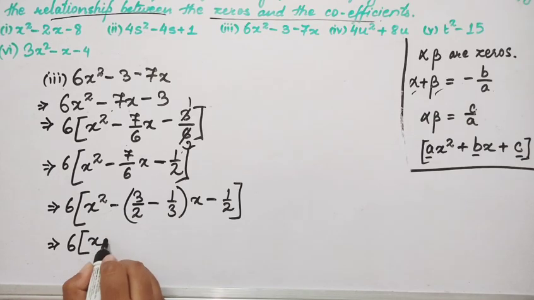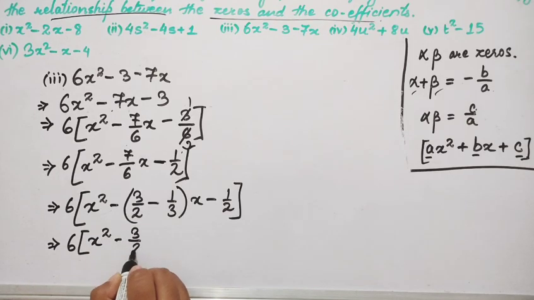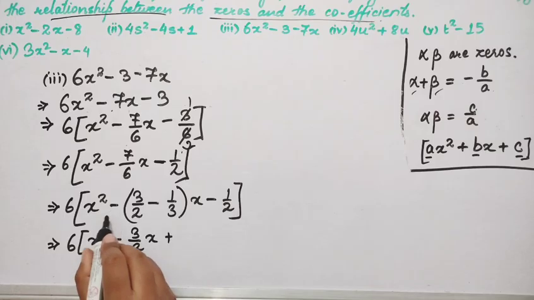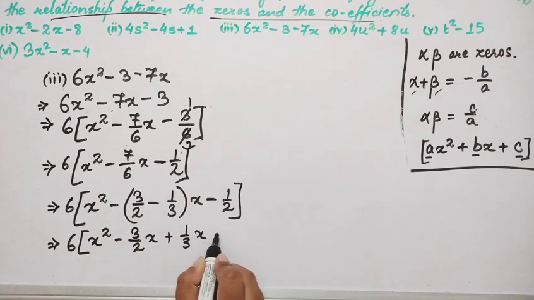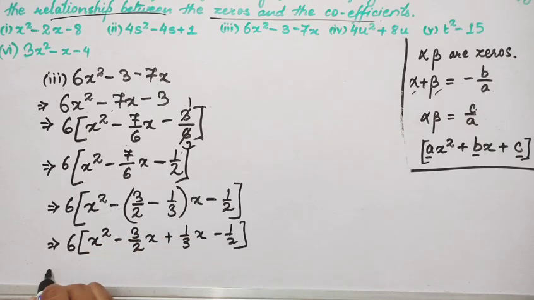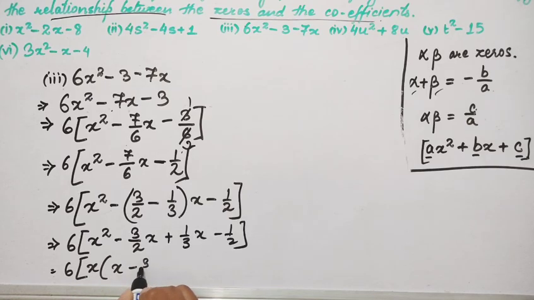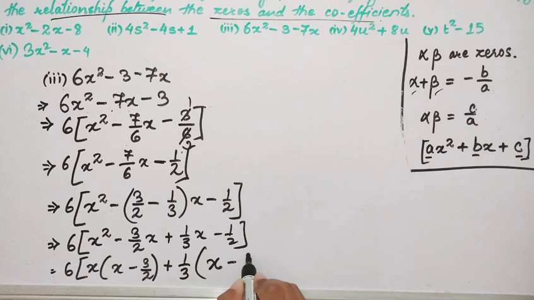Next we have x square minus 3 by 2 x, minus into minus is plus, 1 by 3 x minus half. Now we will take common x minus 3 by 2, and here we will take 1 by 3 common, and when we take 1 by 3, it will give us 3 by 2 over here, because 3 and 3 cancel out and we get half.